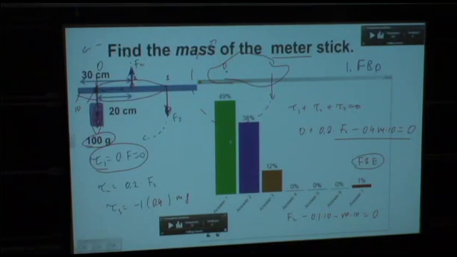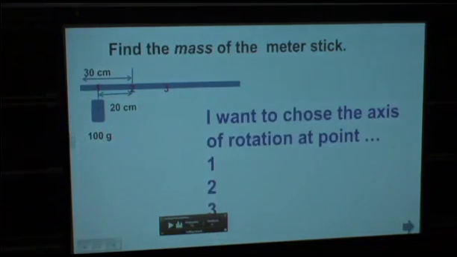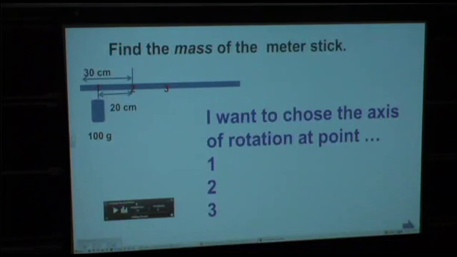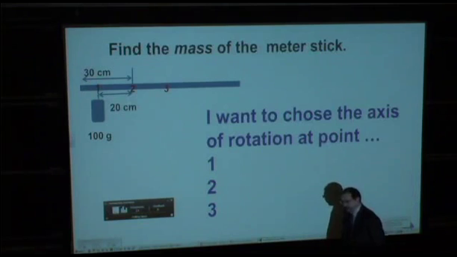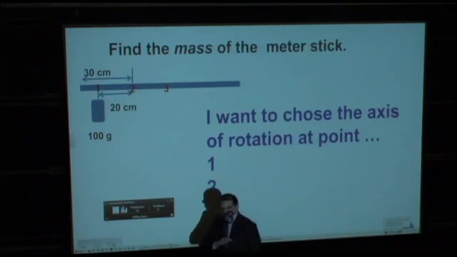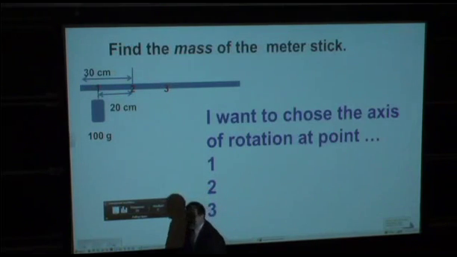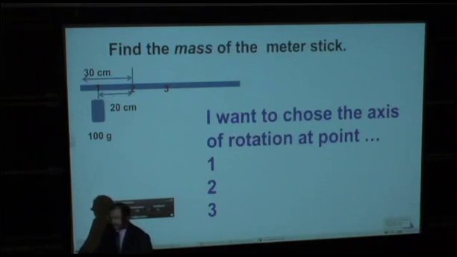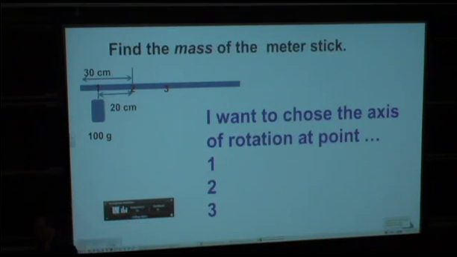So now, my question to everyone. How do you want to choose the axis of rotation now? So that in your torque balance equation, the torque due to the second force would be eliminated, be equal to 0. Eliminated.